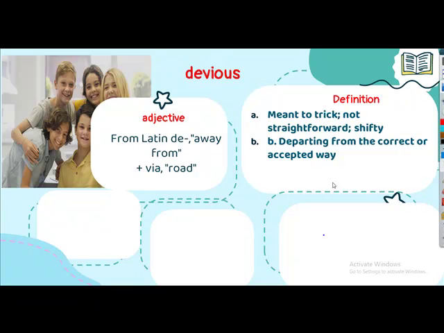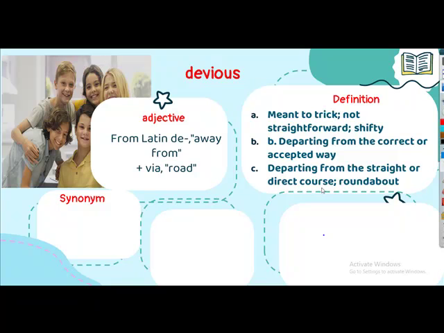So you're leaving it and using the devious way, a more shady, more unspecified way. It's not correct. Or here, departing from the straight or direct course, or roundabout. So devious here, trackless, means that you cannot verify the source.